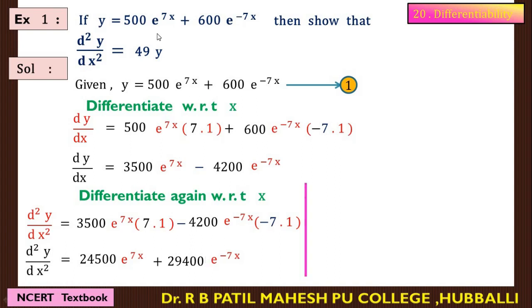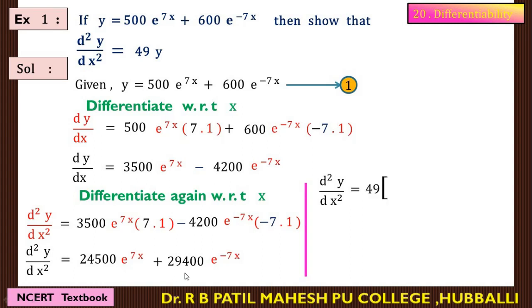Now to get the answer, that is the right side answer 49y. In the question itself we are given 49 and y, so therefore on the right side you take 49 common.